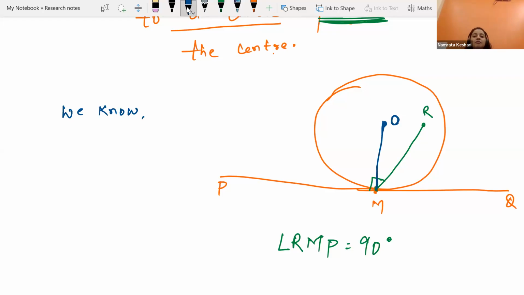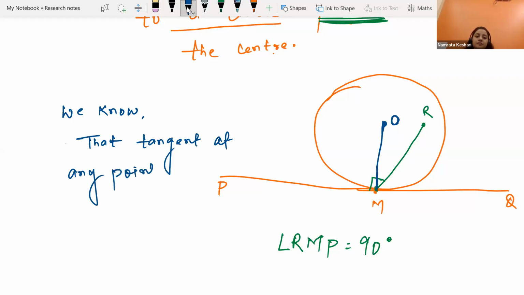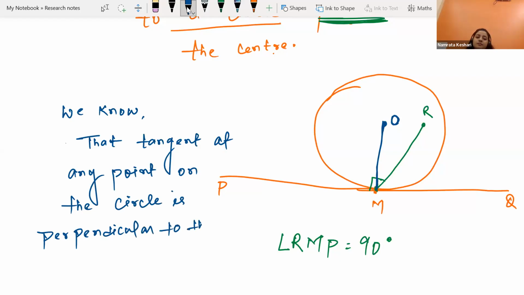We know that the tangent at any point of the circle is perpendicular to the radius through the point of contact. This theorem we have learned very well.